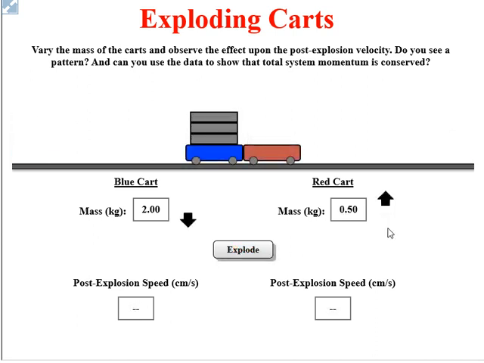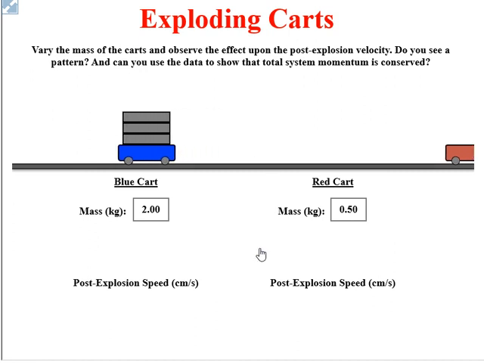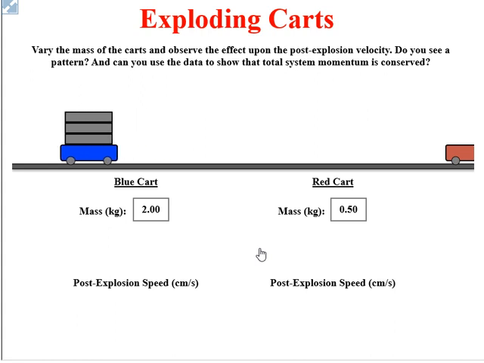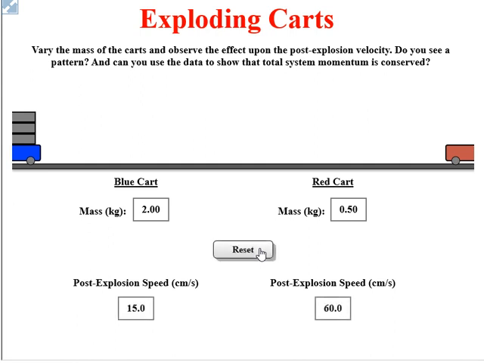Let's do one more. Explode this one. So we've got 2 kilograms on this side and 0.5 kilograms on this side. And see that the red one shoots off and the blue cart travels relatively slowly towards the left. So the momentum of the blue cart after the explosion is now 2 multiplied by 15, which is 30, and the red one is 0.5 multiplied by 60, which is also 30.